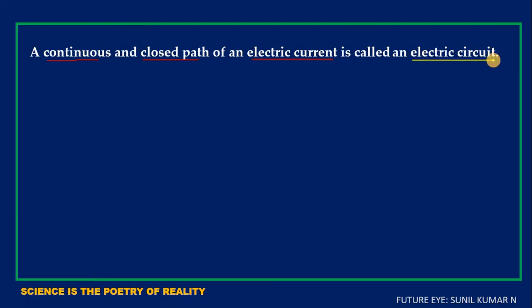To flow electrons, there should be a path and the path should be closed. If the path is not closed, electrons will not flow, hence there will not be any electric current. Hence, a continuous and closed path of electric current we call an electric circuit.